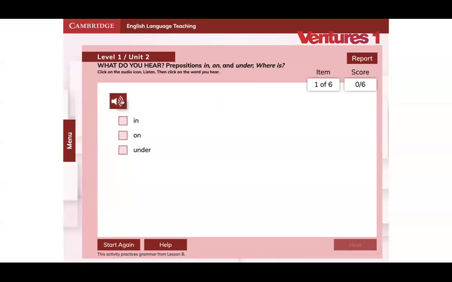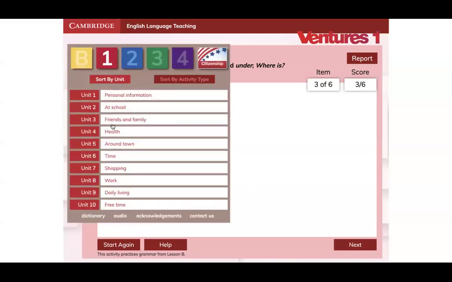We listened. Where's the book? It's on the shelf, and we heard on. Where's the pencil sharpener? It's on the wall. And we would click what we heard. Where's the dictionary? It's under the table. Okay, so we did that.